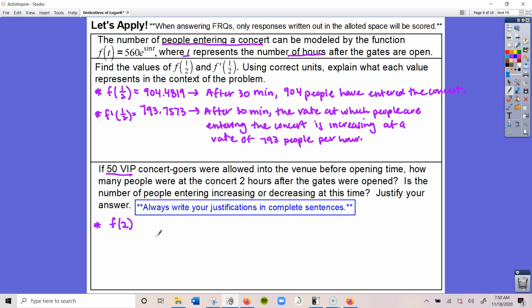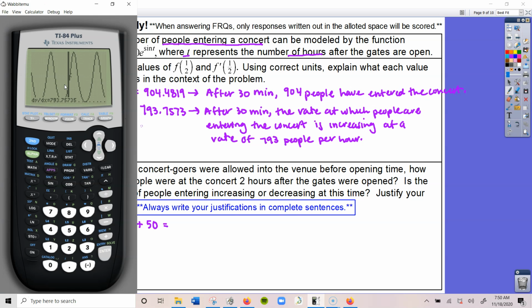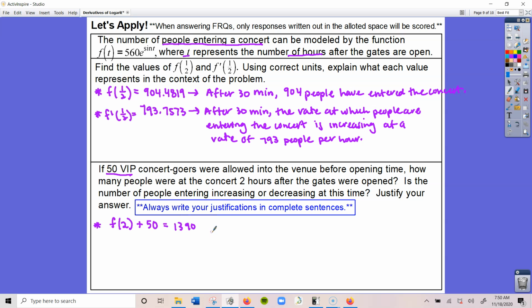But we have 50 VIP concert goers that were already in the venue at that time. So I would have to add 50. So I'm going to look for f of 2 from my calculator. It is the same exact function. So again, second calc, I'm going to select value because that's for f of 2. I'm going to press x is equal to 2, and I get 1,390 for f of 2.